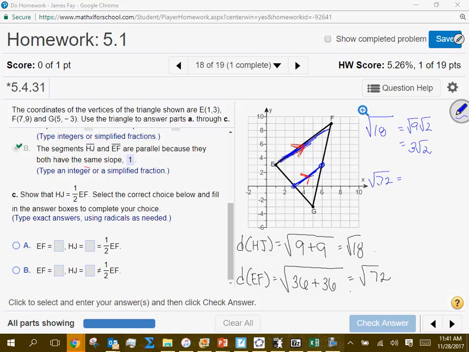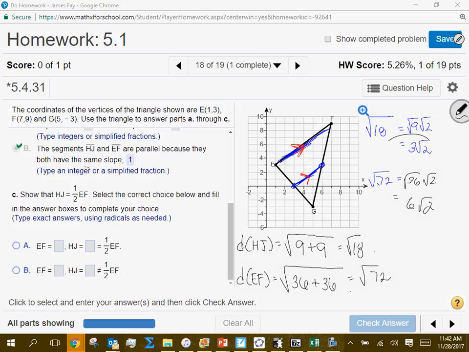So now we're thinking perfect squares that are less than or equal to 36 that will divide 72. Doesn't 36 do that? How many times is 36 going into 72? Twice, right? Okay, so radical 72 becomes the same thing as radical 36 times radical 2, but radical 36 is the same as 6, right? So we get 6 radical 2.